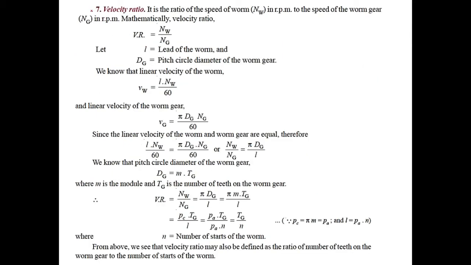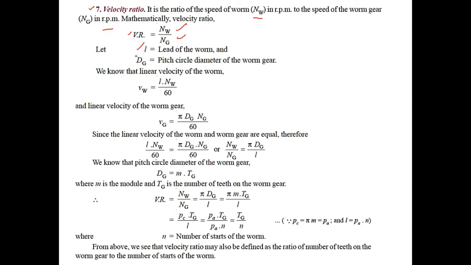Then next is the velocity ratio. We all know the velocity ratio is mathematically Nw by Ng, where Nw is the speed of the worm and Ng is the speed of the worm gear.